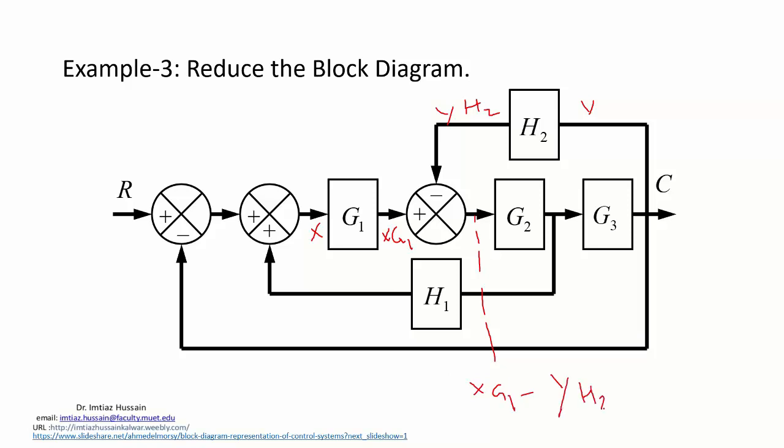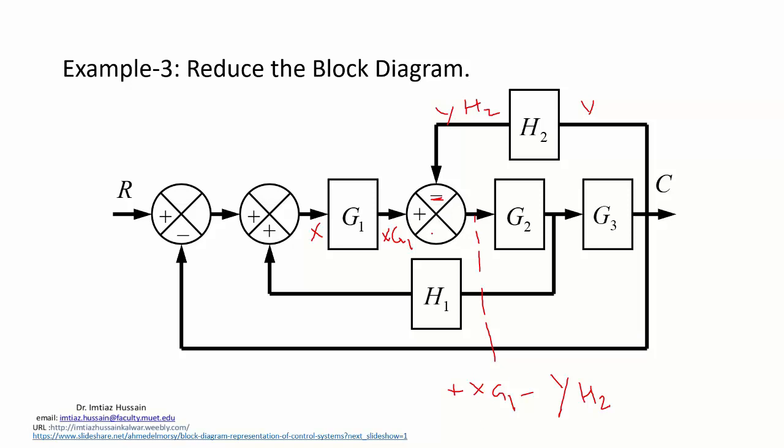So you took a minus sign because you have a minus sign at this side of the comparator, which is where the signal yh2 is fed, and xg1 has a positive sign in the comparator, that is why we are taking xg1 as positive. So the output of the comparator that you're going to get is xg1 minus yh2.